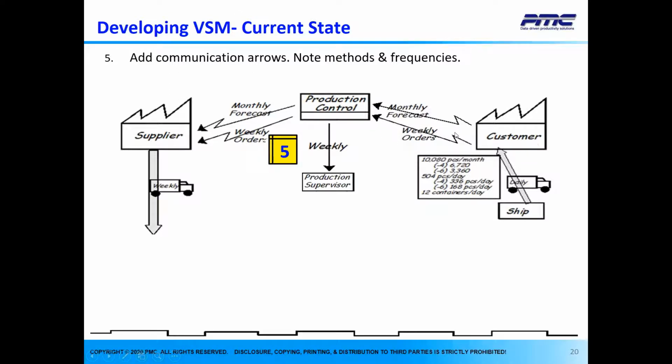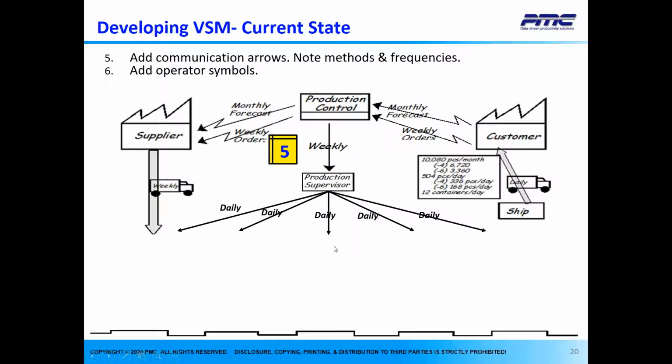And the customer actually sends our company monthly forecast, and they also order weekly. Then based on that information, the production supervisor will have to communicate with each process step on a daily basis to determine how many they're going to be working on.